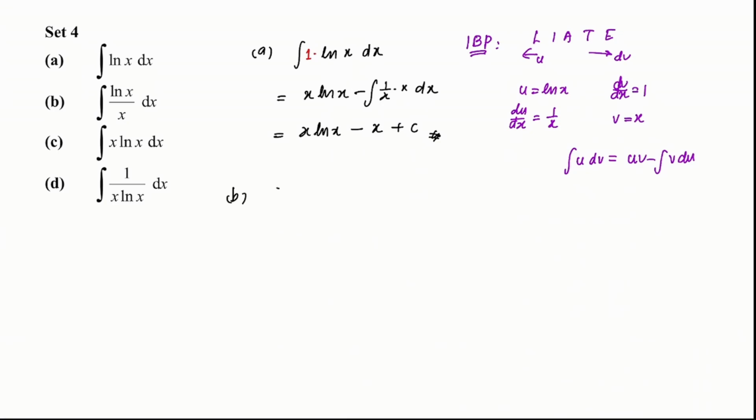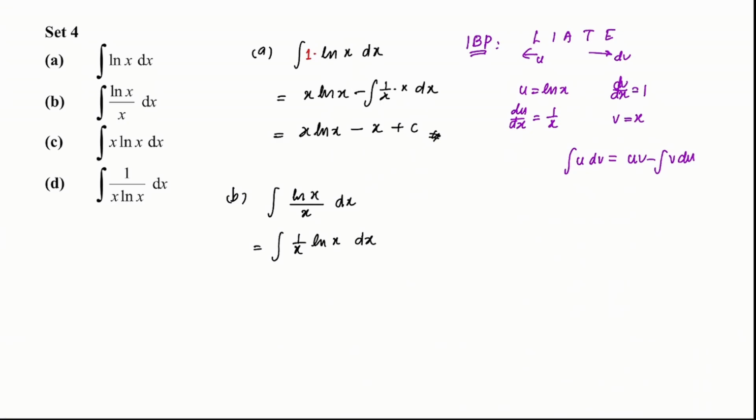Now let's take a look at part B. Part B over here is ln x over x dx. So, quotient rule or something a bit weird? Let's also ask, is there an f prime going on over here? Let's try to find the structure of the f prime. And indeed, we actually have the structure, and it looks something like this.